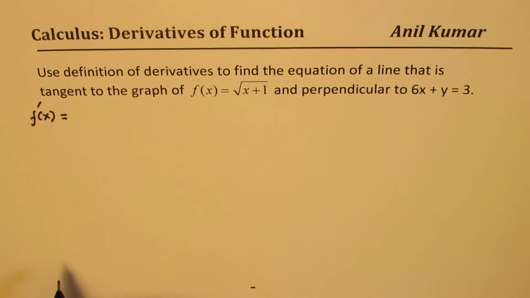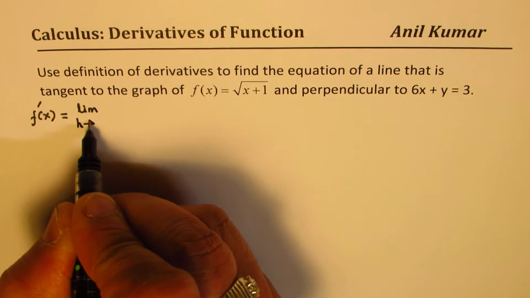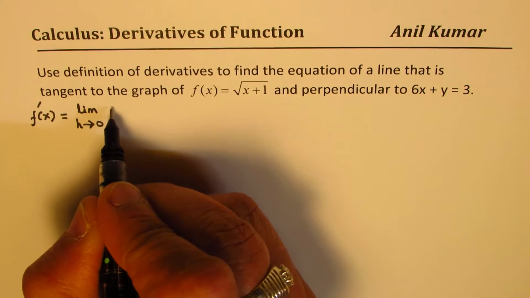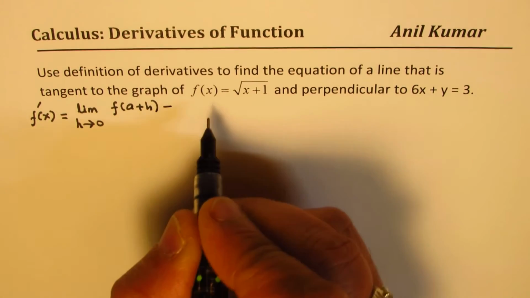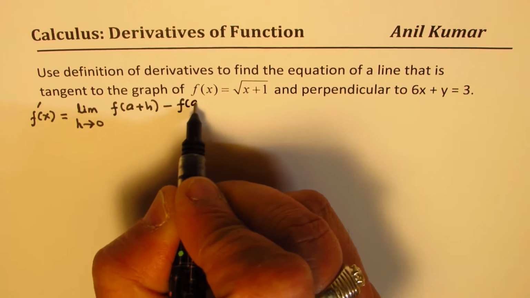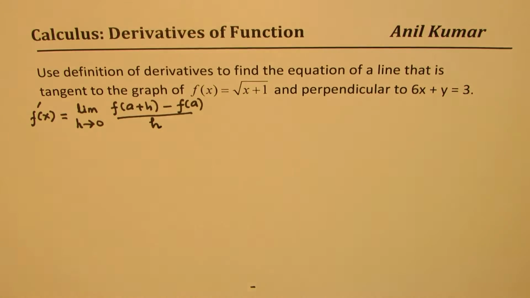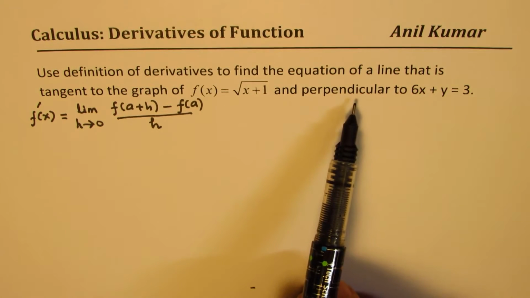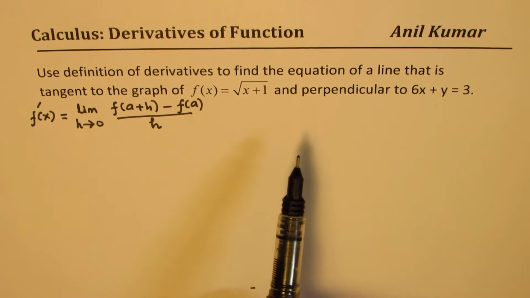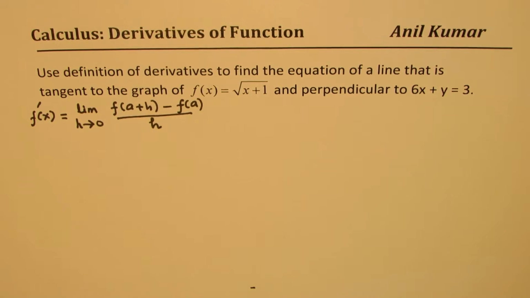The derivative of the function is limit h approaches 0 for f of a plus h minus f of a over h. Okay. So with this, we really don't know at which point the tangent will be perpendicular to the given line. So we'll have to find the derivative of the function f dash x at any general point x.